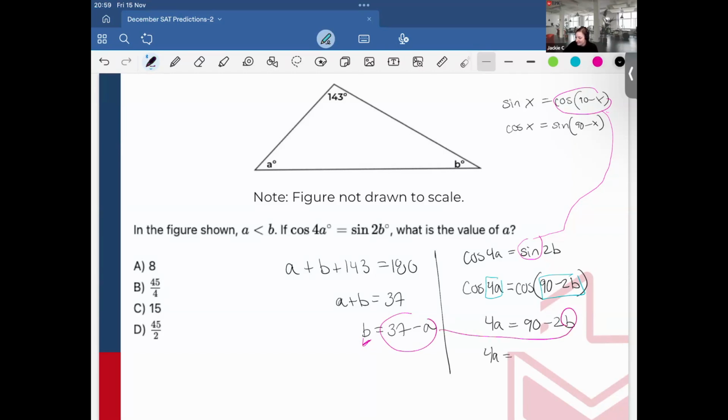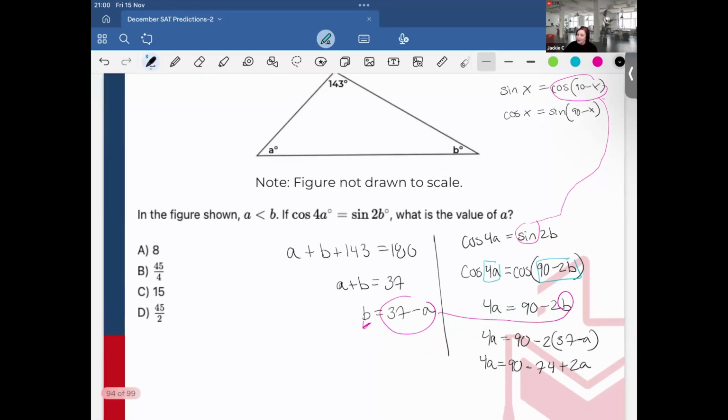So 4a is equal to 90 minus 2 times 37 minus a. 2 times 37 is 74. And then this would be plus 2a, right? Because negative 2 times negative a.